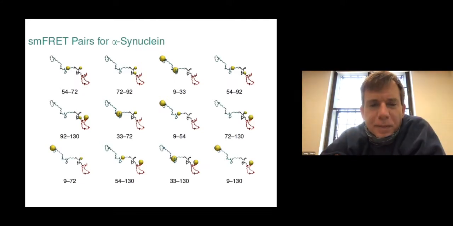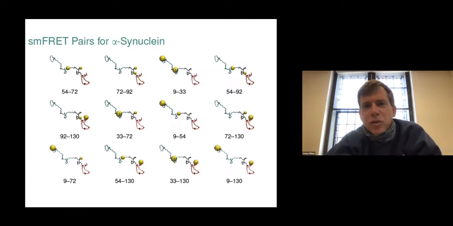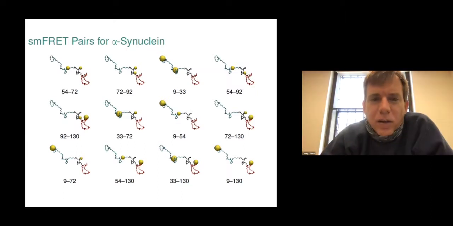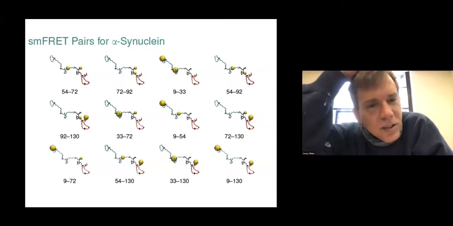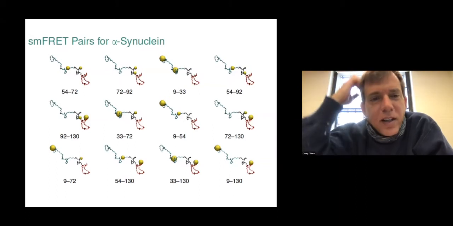So at the time we were doing this work, Liz Rhodes had done most measurements. The idea is that you have to make these FRET pairs separately and put them on individual instances of the protein, one by one.